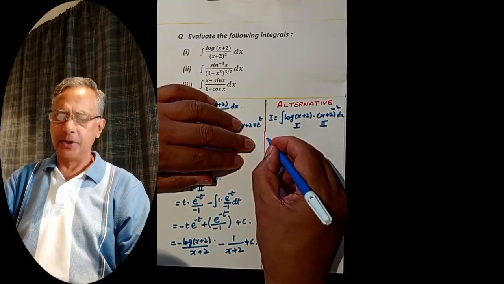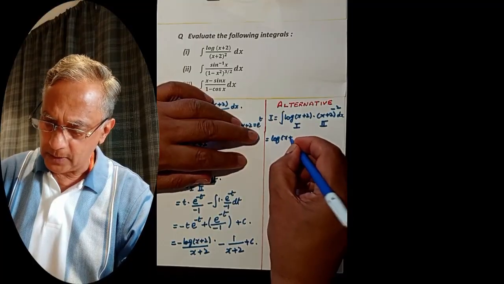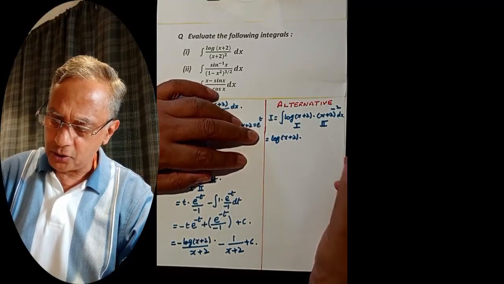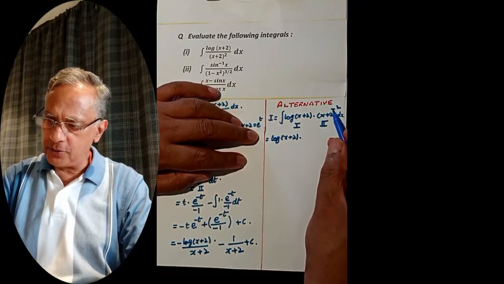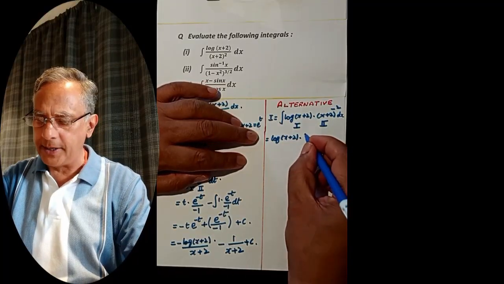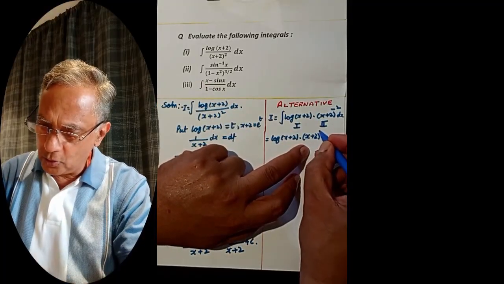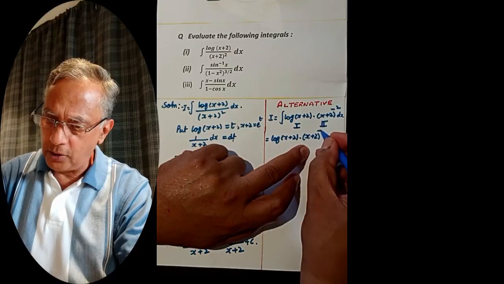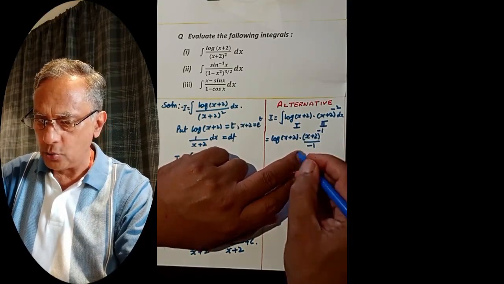So this will be equal to first function, log of x plus 2, into integration of this. Integration of this will be x plus 2 to the power of minus 2 plus 1, that is minus 1, divided by minus 2 plus 1, that is minus 1.